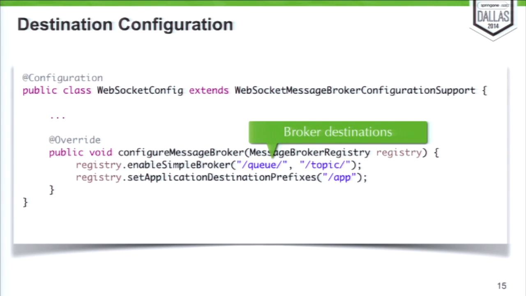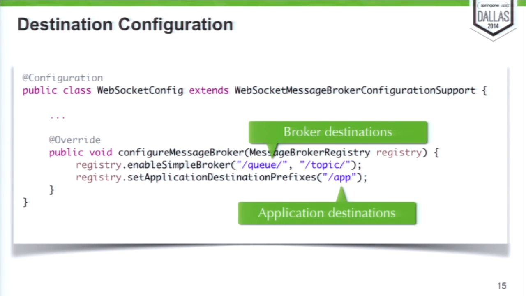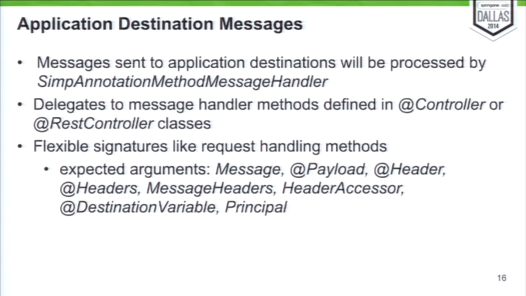And the second line here is defining the application destination. That means that every time you send a message directly to /app/whatever, this message is going to be forwarded to your controllers. We're going to see that the application destination handler will basically forward to your controllers, which are just normal MVC controllers, having some special methods to handle the messages.